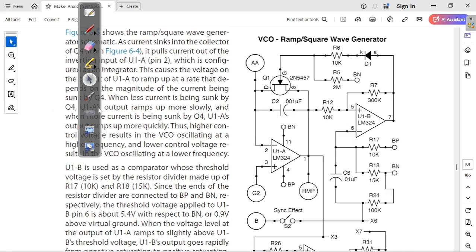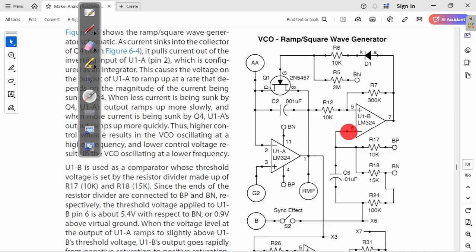Okay, now how do we get this voltage, this ramp, to drop? So that's the job of this guy. This is another op-amp that is used as a comparator.